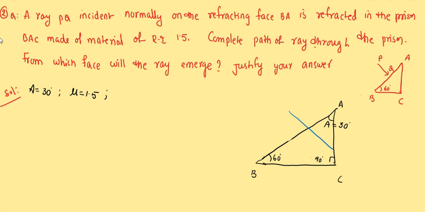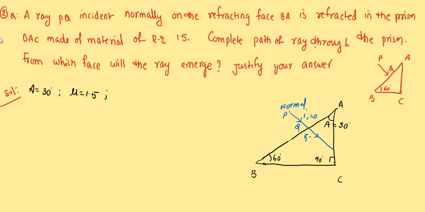When it is incident like this, this is the normal and this is the incident light ray, this is PQ. Then the angle of incidence will become 0. When the angle of incidence is 0, automatically the angle of refraction becomes 0.